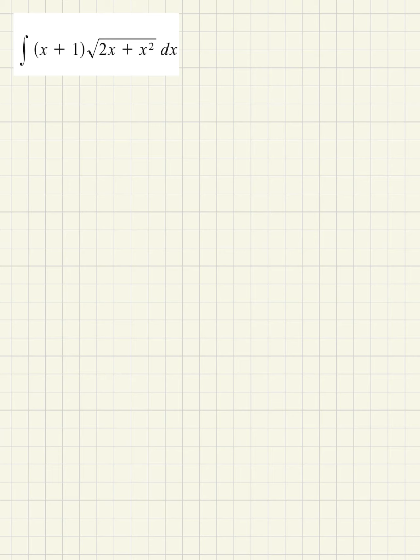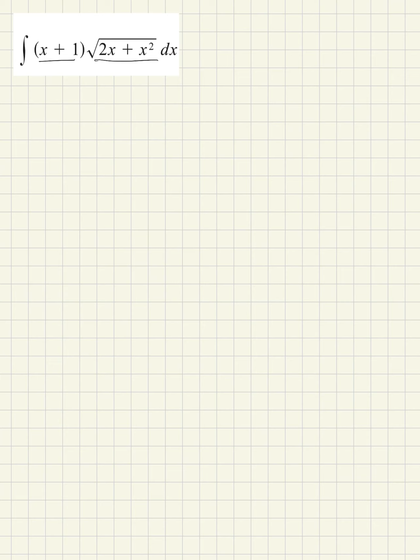Like in this case, it will be hard to integrate this with that, right? So someone came over and decided, hey, why don't we make our lives easier and let's just make a u substitution.